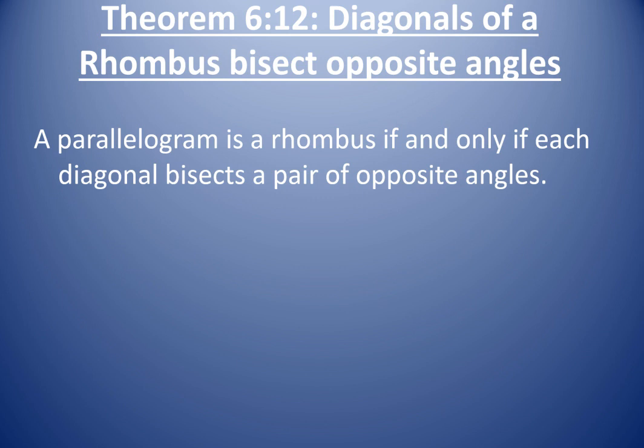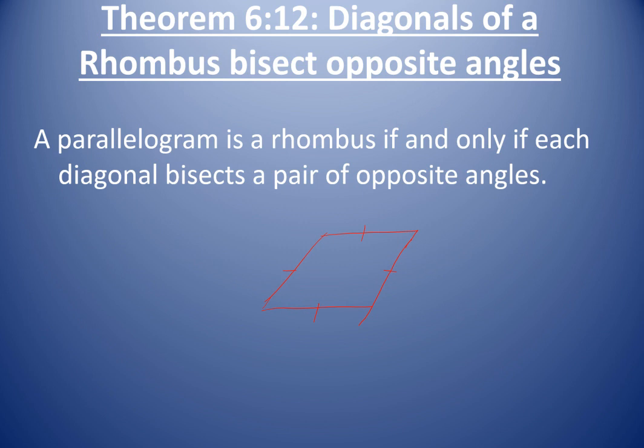We're back to the rhombus. A parallelogram is a rhombus if and only if each diagonal bisects a pair of opposite angles. So here's a rhombus. Congruent to that, congruent to that, congruent to that.